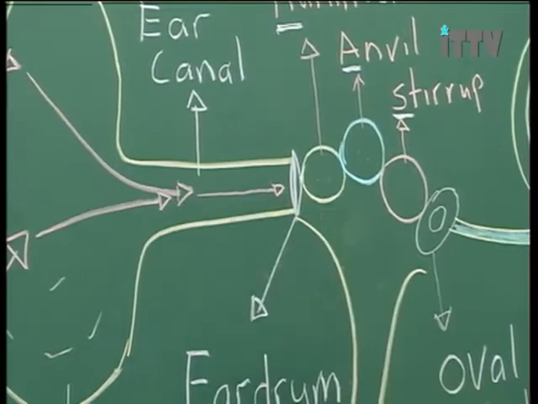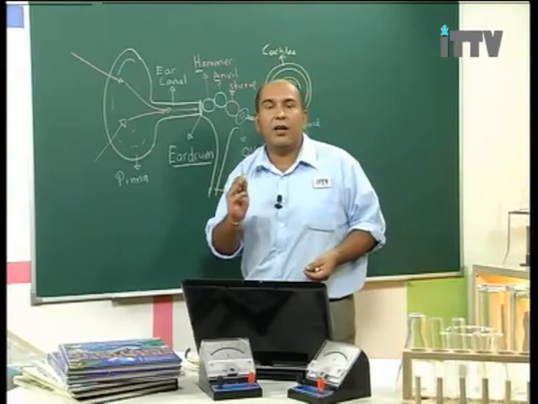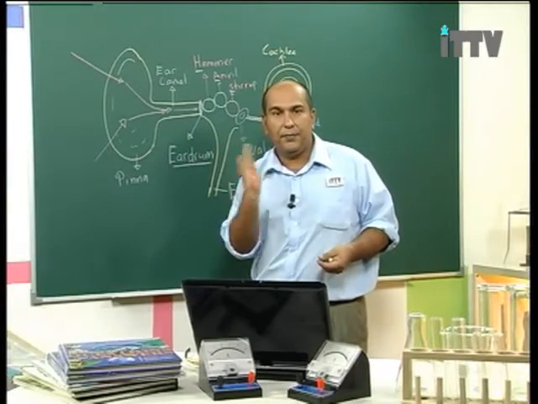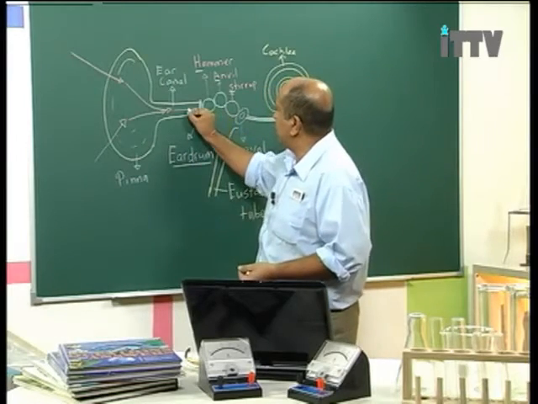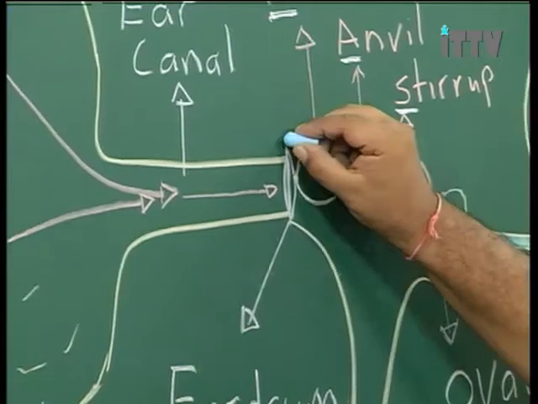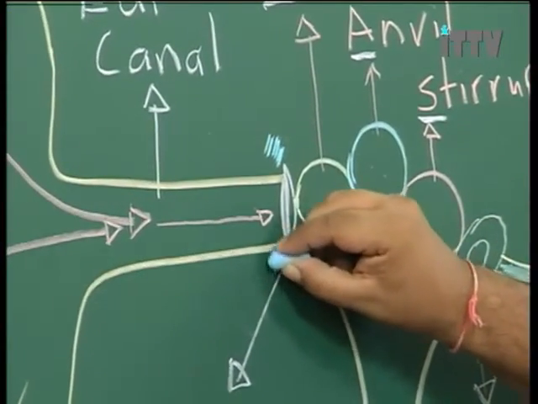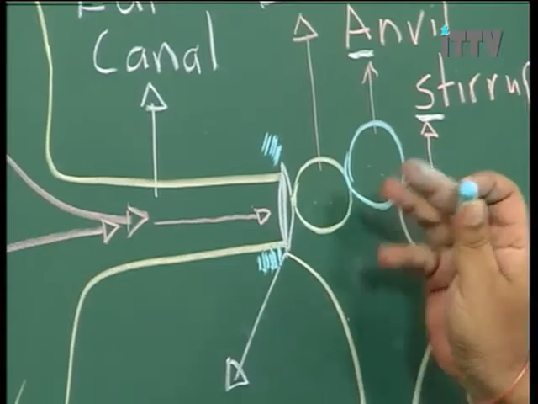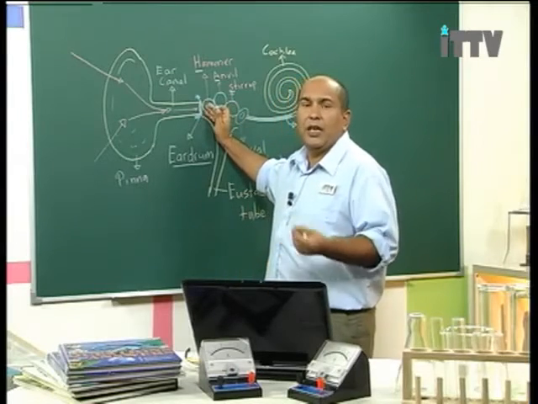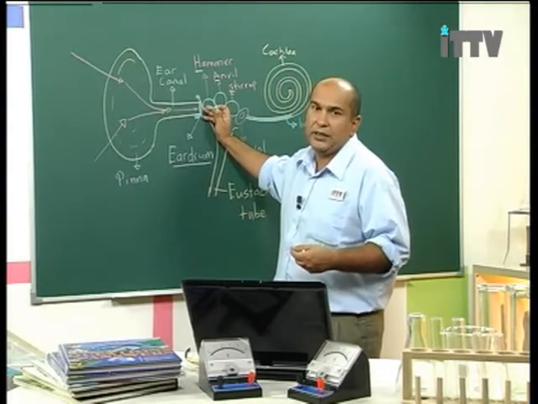When it strikes the eardrum, it starts to vibrate. So as it hits the eardrum, this eardrum starts to vibrate. The amount of vibration really depends on how strong the sound is.